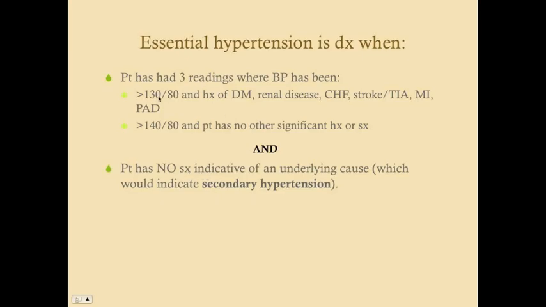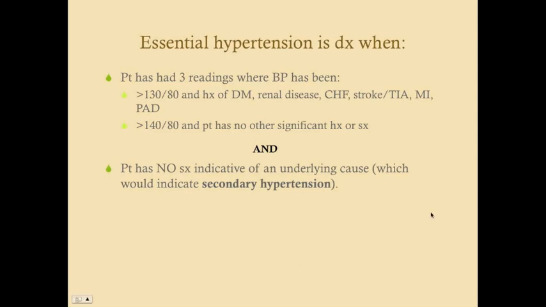So if the patient fits the criteria for having 3 or more readings greater than 140 over 80 and no other significant hypertensive symptoms, but they have striae and edema and a low potassium, that's probably going to be secondary hypertension, because there's probably another disease process causing hypertension as a symptom. So we have to exclude secondary hypertension, and generally we do that by making sure there are no other symptoms of things that would cause hypertension as a secondary cause.